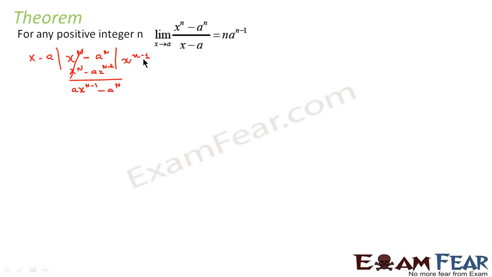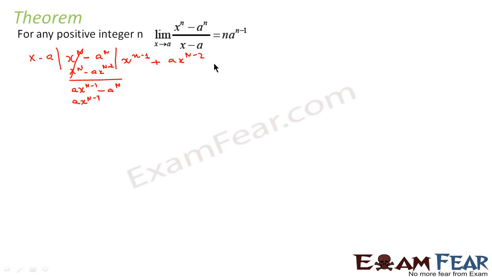Again, we have to multiply this with a x to the power n minus 2, correct? Because a into x to the power n minus 2 into x will be this. We have to cancel this. So this a into x to the power n minus 2 into x, you get a x to the power n minus 1, correct?